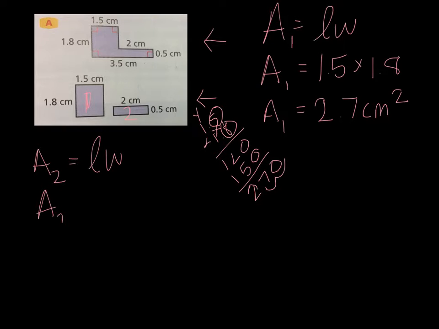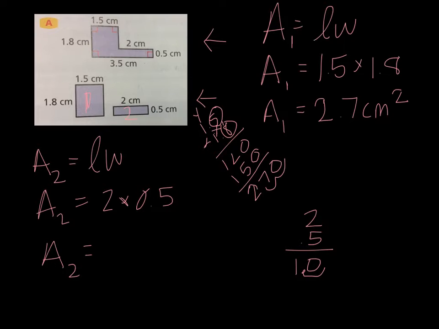So the area of figure 2 equals 2 times 5/10. 5 times 2 is 10. Then I bring my decimal point back 1 spot. So the area of figure 2 is 1 centimeter squared.